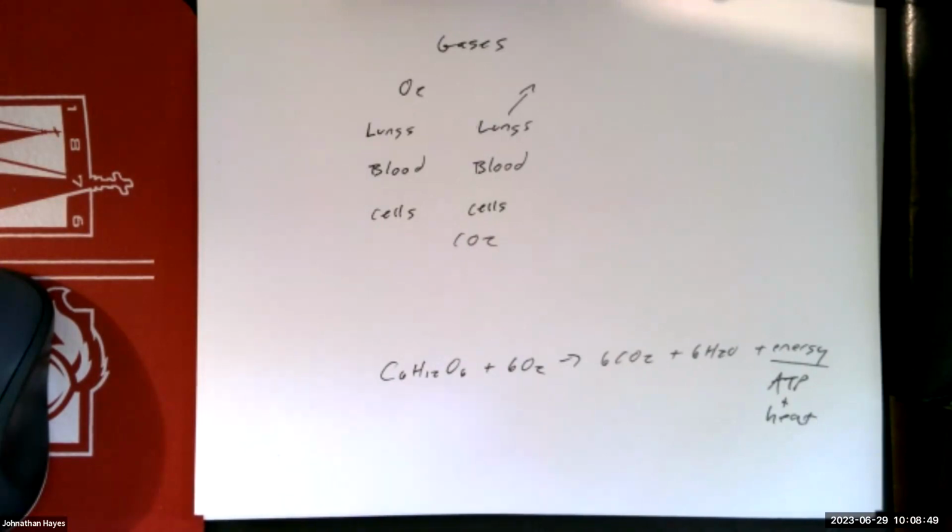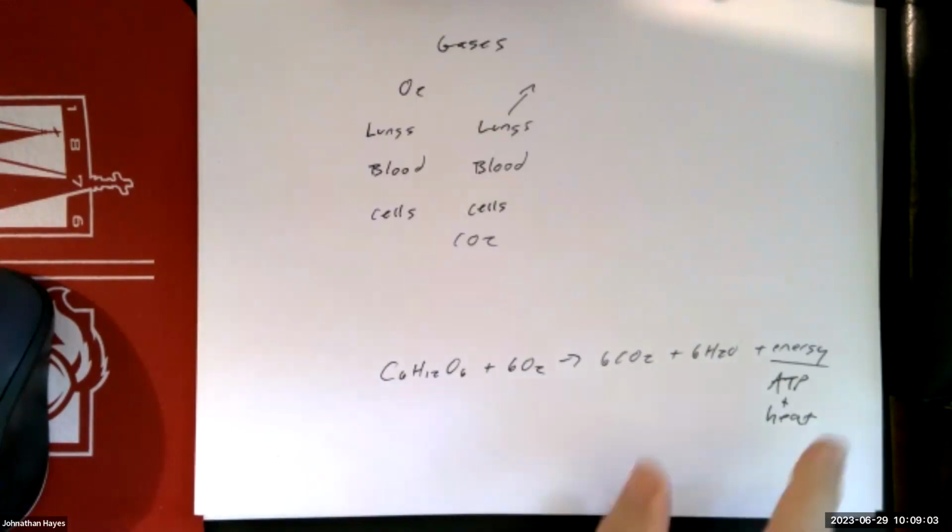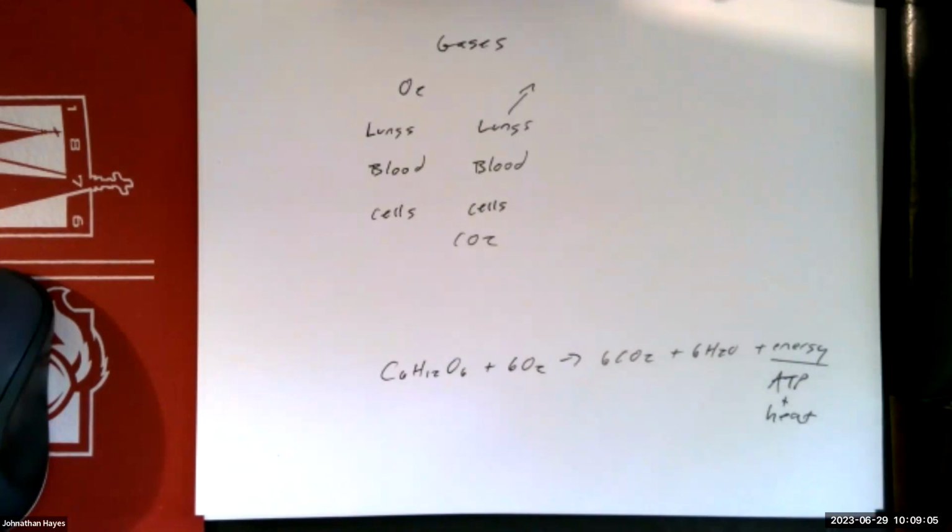You could also use diesel if you wanted to, and diesel is more like fat. So our body works very similarly to how various different types of engines work, and technically it's vice versa. Obviously engines work similar to how our body does, but we got to extract the energy somehow. So how are we going to extract the energy? O2 is going to do that.